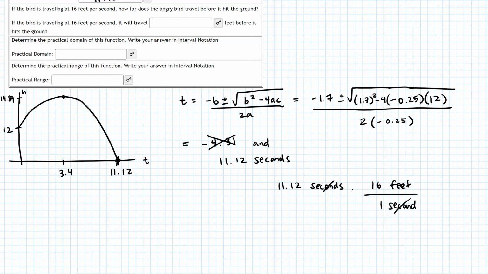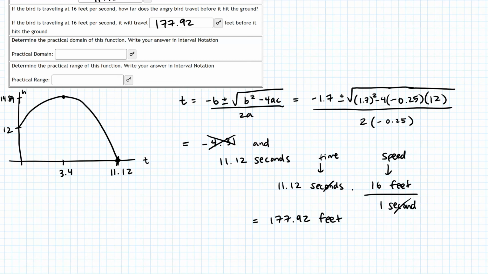And if I multiply 11.12 and 16 together, that is going to give me 177.92 feet. So that's, if this is the speed and this is the time, then if I multiply those two values together, that will give me the distance traveled. So that is what we are looking for, 177.92 feet.